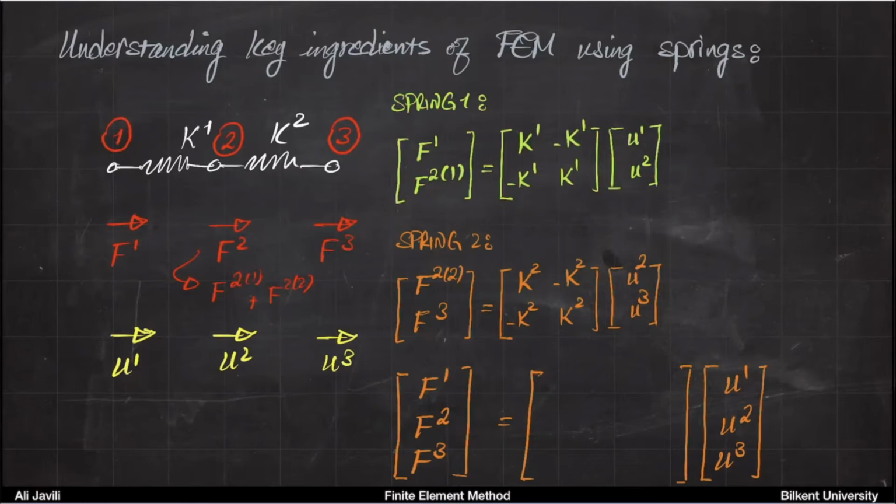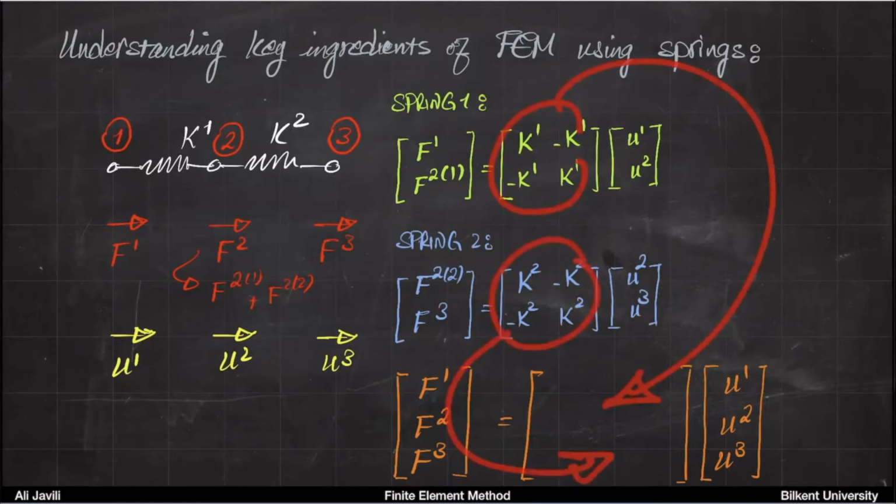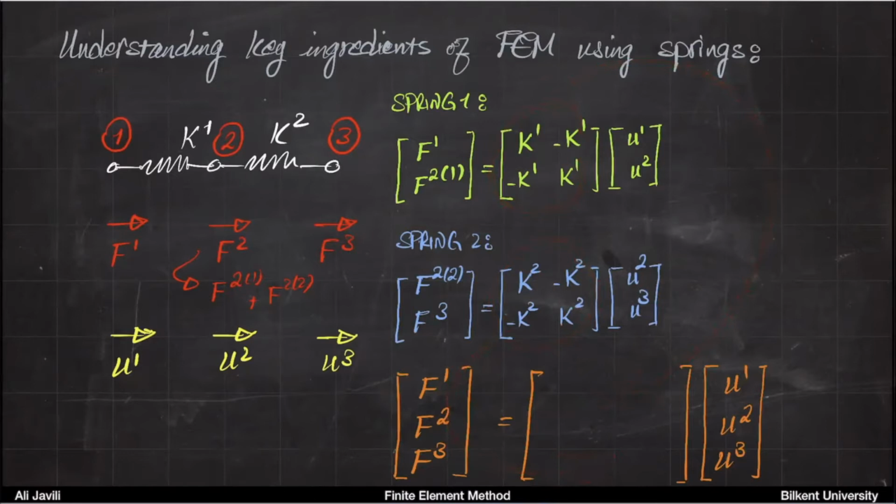And then maybe blue for spring 2. Okay, now on the global stiffness, we would have to bring all these green quantities and all the blue quantities. And we should put them into their correct places so that the assembly process is done.